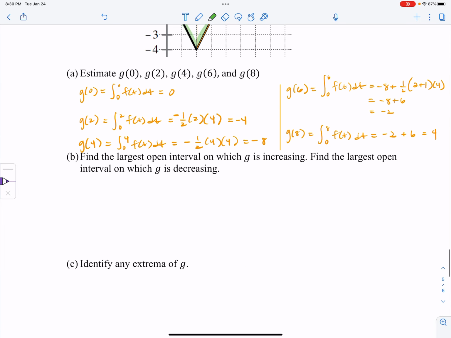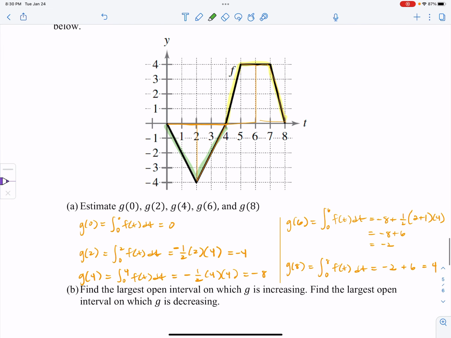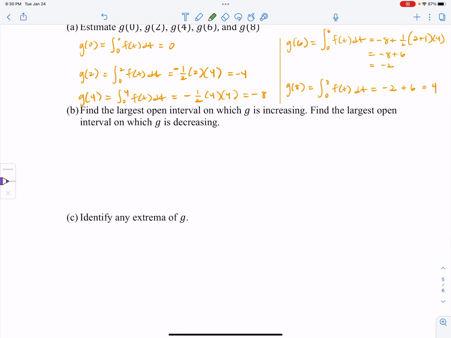So g is increasing from 4 to 8. So we can say g is increasing on the interval 4 to 8, because g prime, which is equal to f of x, is greater than 0 on this interval.